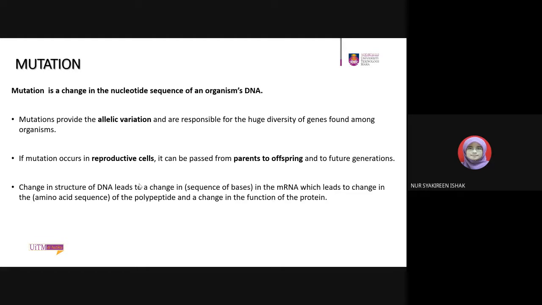Okay. So mutation provides the allelic variations that are responsible for the huge diversity of genes found among organisms. Okay, so contohnya kalau genes that code for your skin pigmentation, kan? Skin pigmentation adalah disebabkan oleh boleh terhasilnya pigment melanin.